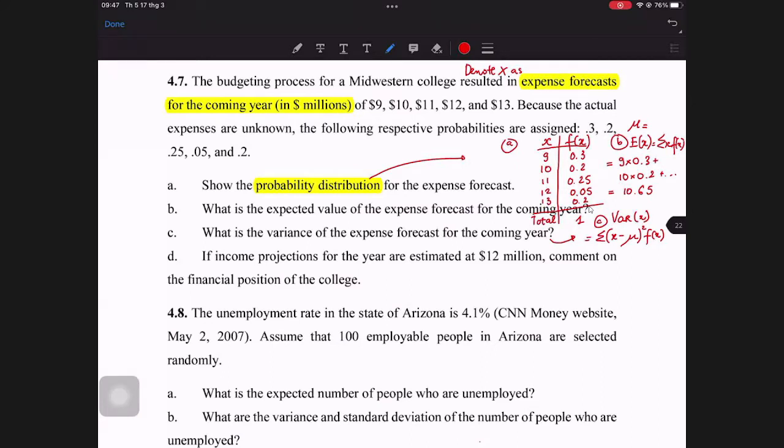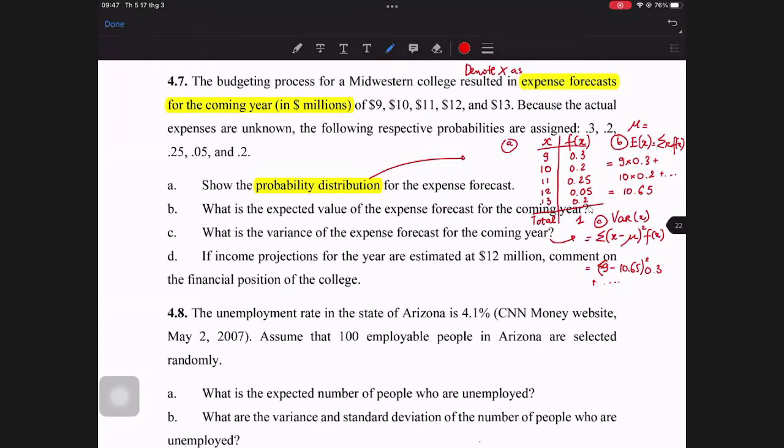So we can just take each of these values here, for example, 9 minus mu, which is 10.65, squared, multiplied with the probability. And then you just do the same here.